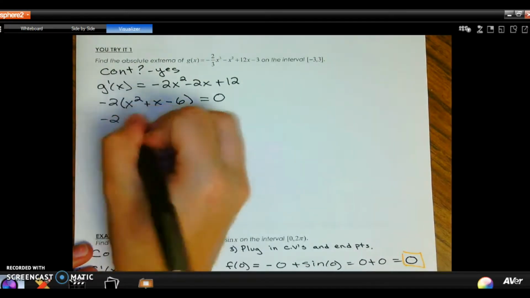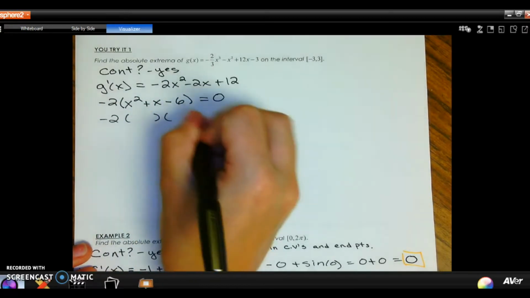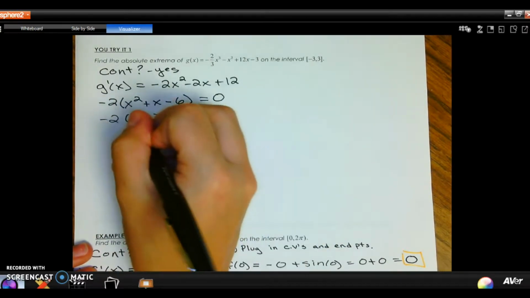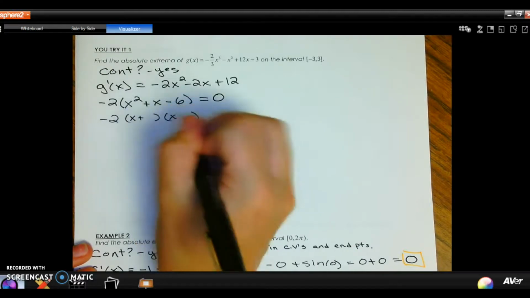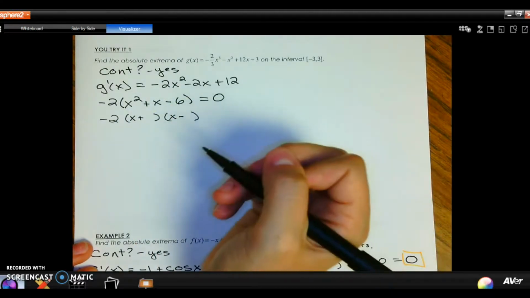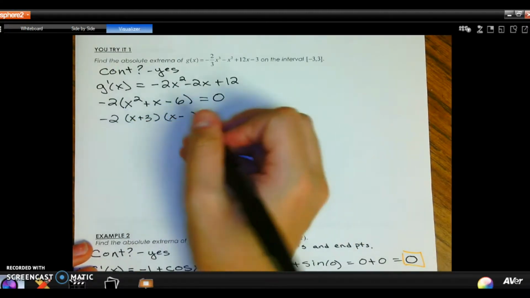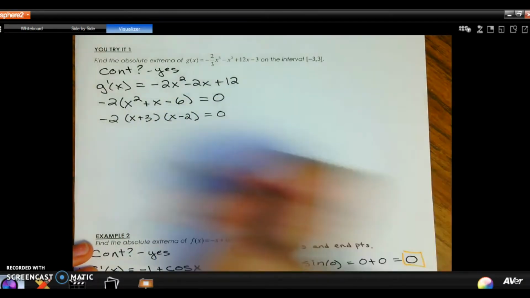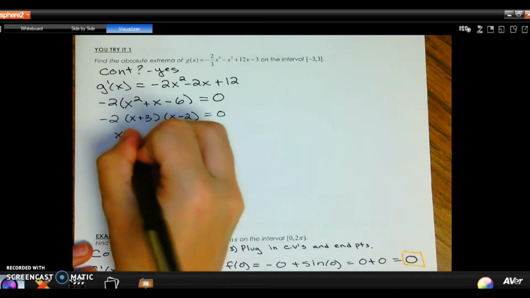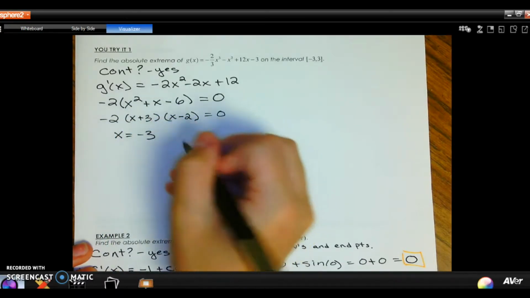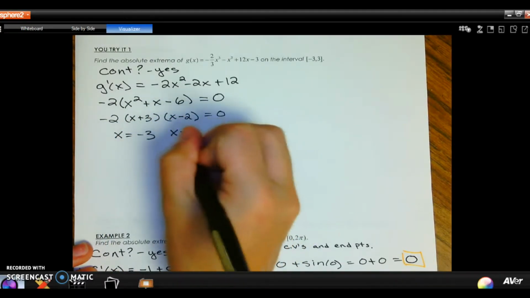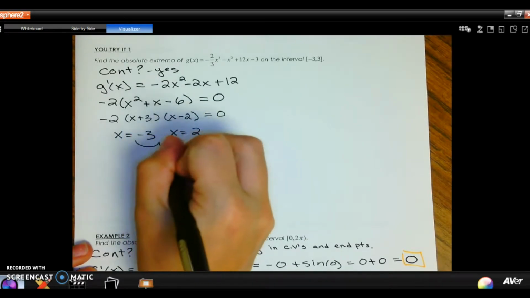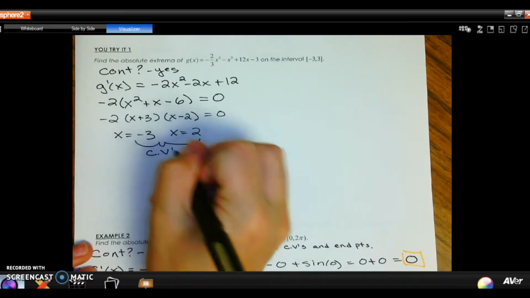Once I get there, I'm going to factor. I need to multiply to a negative, so I know it's going to be x with a plus and x with a minus. And I want a +3 and a -2. Okay, so those are my factors. So that means that I can conclude that there are critical values at x equals -3 and at x equals 2. Again, those are called my critical values.